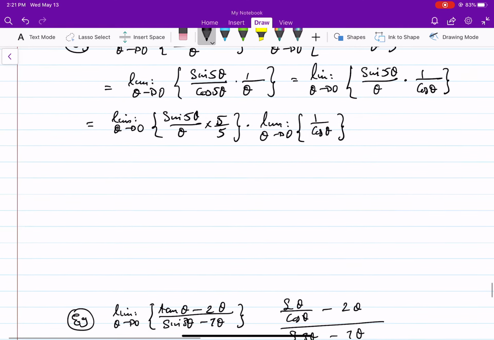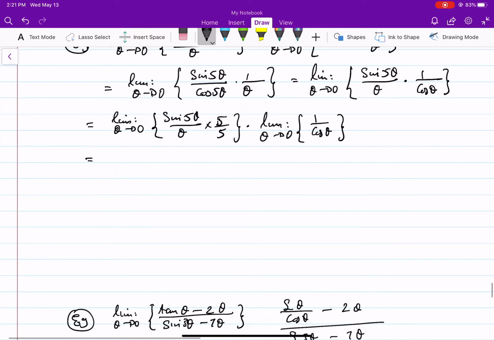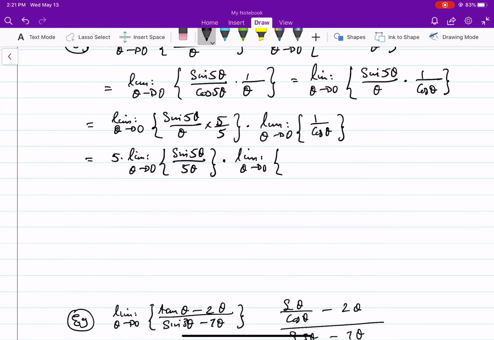One more line before I write my conclusion. I'll pull out the numerator 5 times the limit as theta approaches 0 of sine 5 theta upon 5 theta, times the limit as theta approaches 0 of 1 upon cos 5 theta.